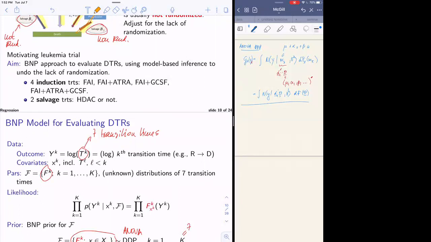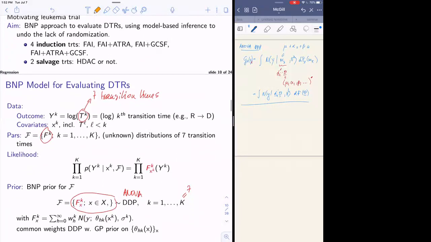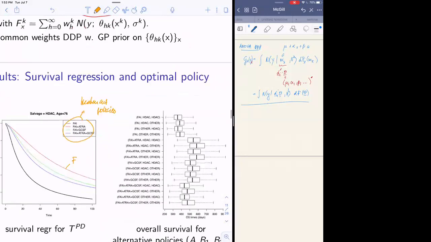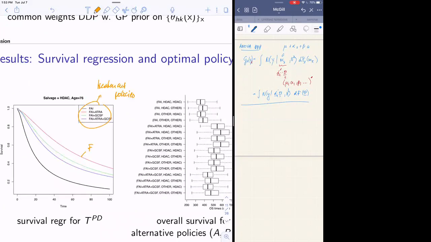I did not introduce a notation for the overall time. Are you with me that when I have distributions for the 7 transition times, then that implies a model for the overall time, for the time to overall survival?